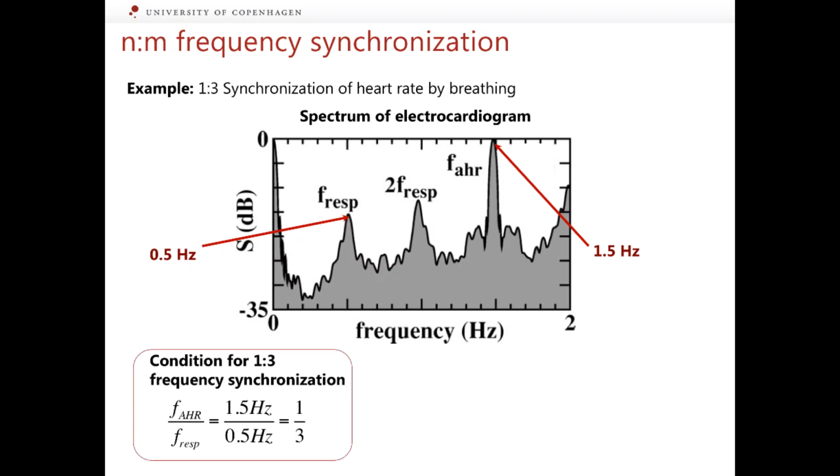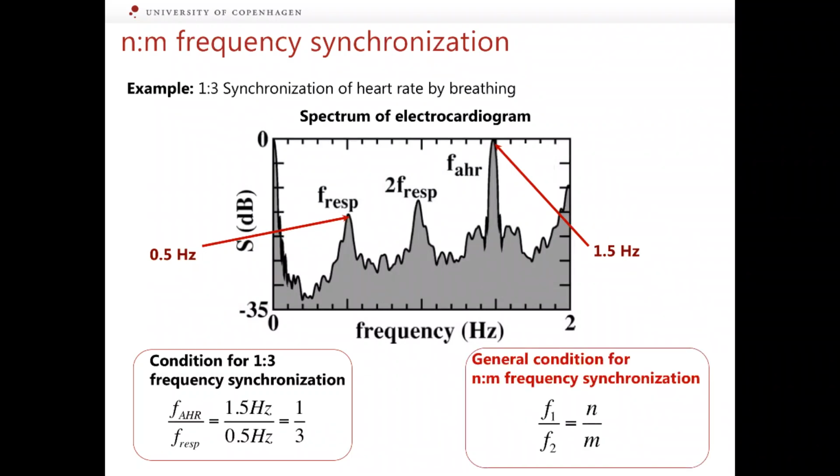The condition for 1-to-3 frequency synchronization between the heart and breathing reads: the frequency of heartbeats should be related to the frequency of breathing as 1-to-3. Indeed, 1.5 divided by 0.5 equals 3. The general condition for N-to-M frequency synchronization between two interacting processes can be formulated as follows. The frequencies of these processes should be related as integer numbers n and m. In other words, the ratio of frequencies should be a rational number.